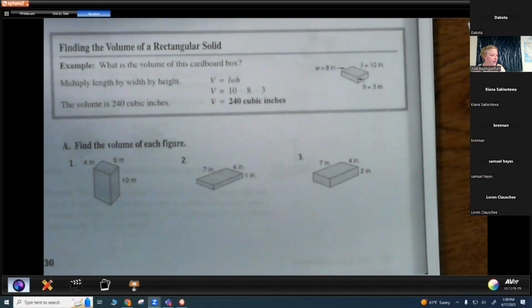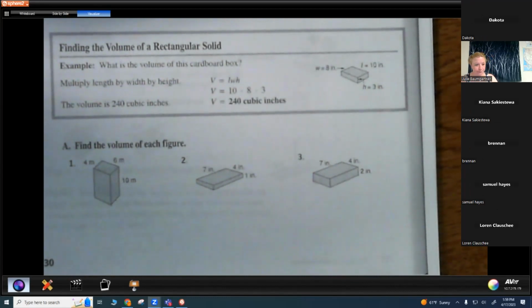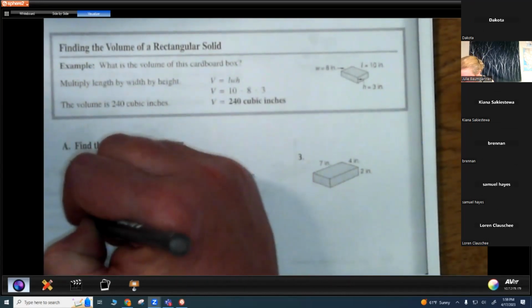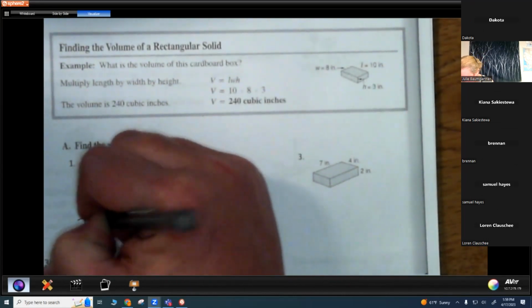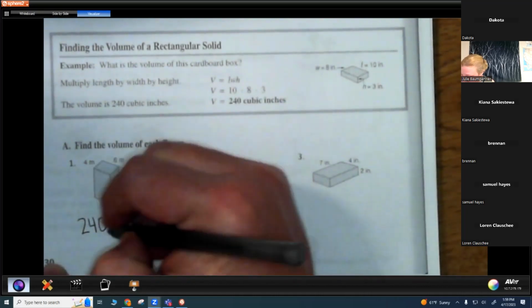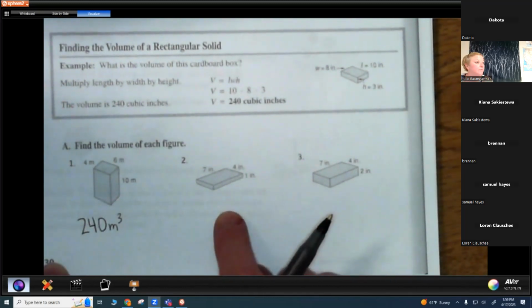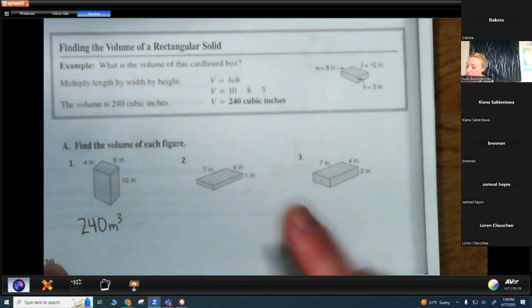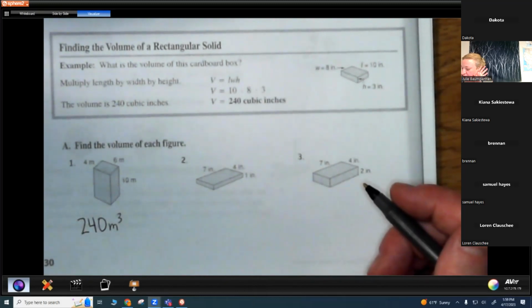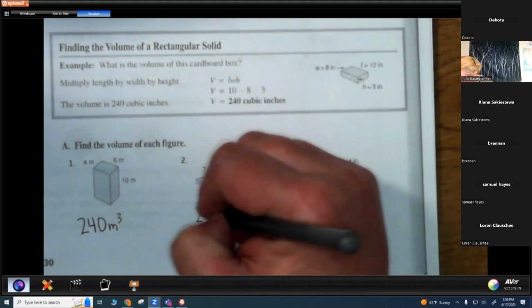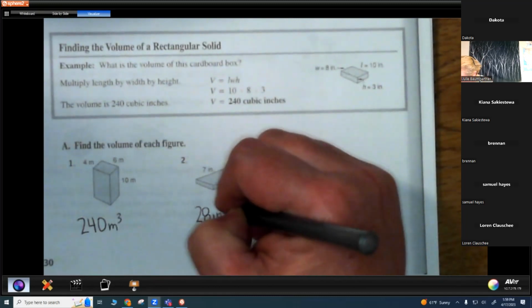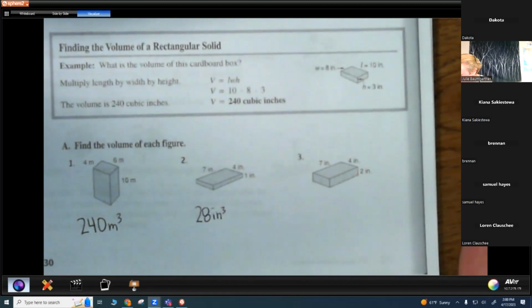What is the volume of our figure for number 1? Does everyone like that? 240 what? Cubic meters. Good. How about number 2? I heard 30 at first. 38 cubic inches. Good. And then number 3? Are you going to write the formula?